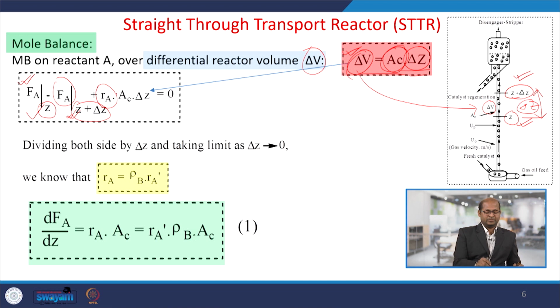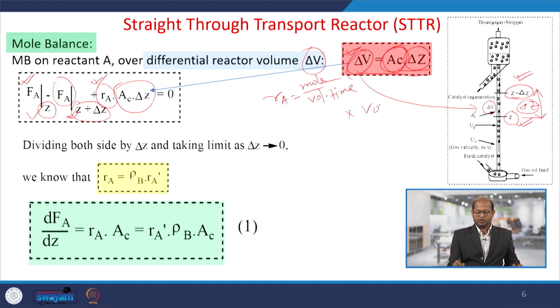Now, for the rate of generation part, we consider RA over the volume delta V. RA is in moles per unit volume per unit time.